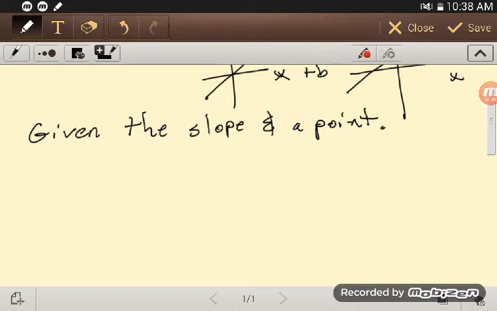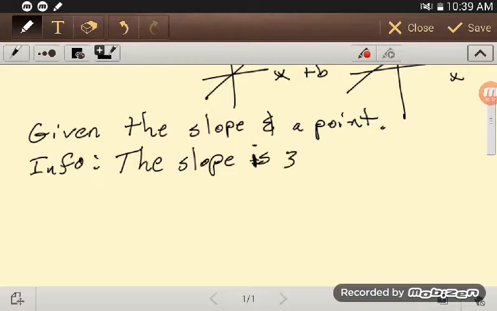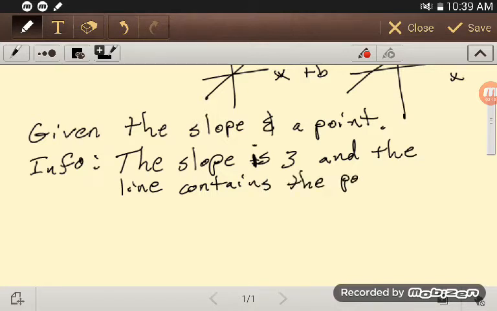Now, okay, I'm told here's my info, and somebody just flat out tells me the slope is 3 and the line contains the point (2, 8).